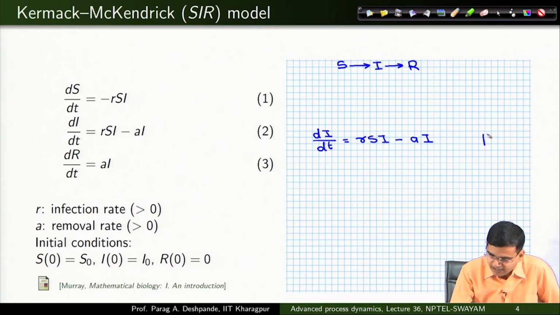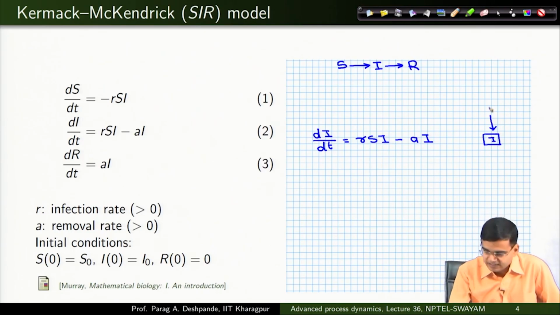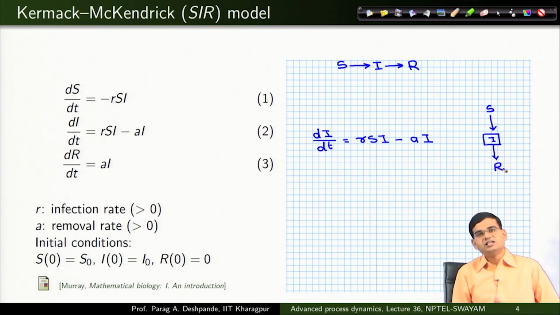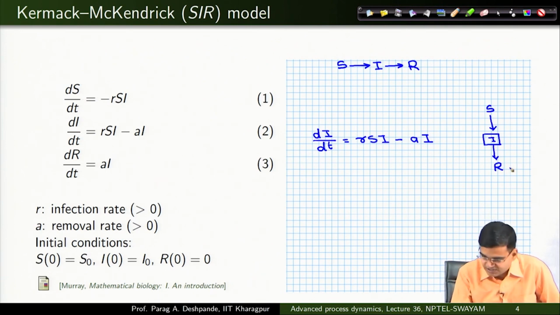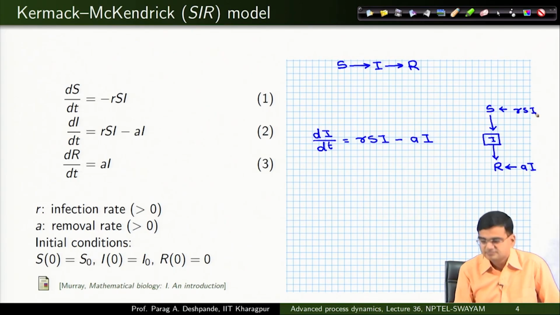For I, I have an influx which is coming from S, and I have an outflux which is going to R. What is the relative contribution? This contribution is A I and this contribution is R S I, right.